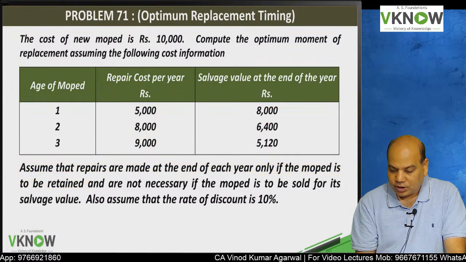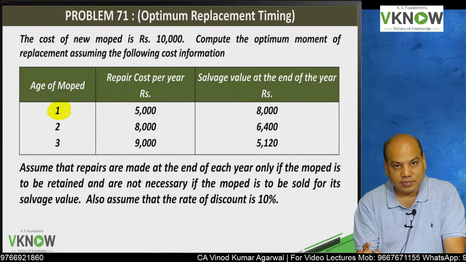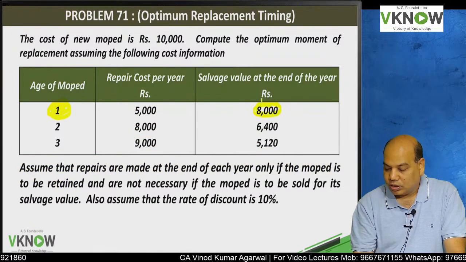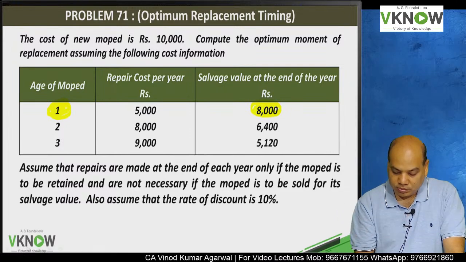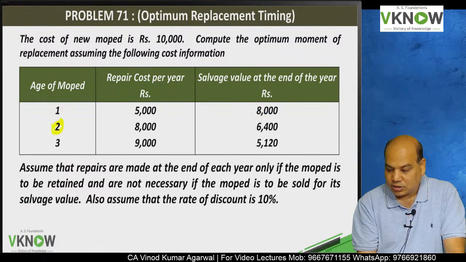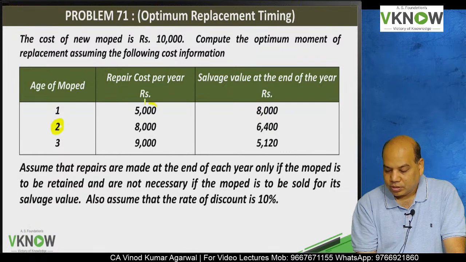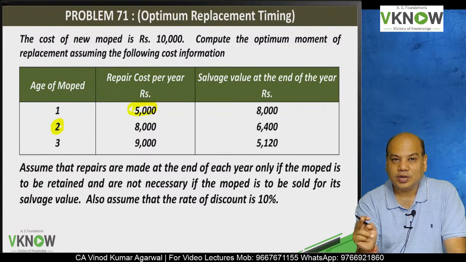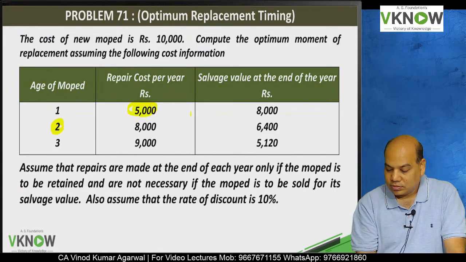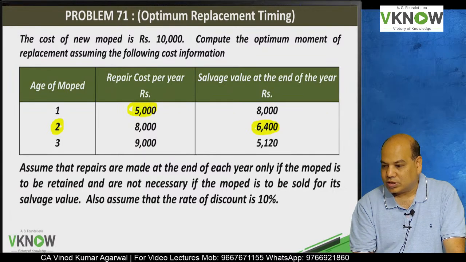So if you want to replace after year 1, for example, you will only receive salvage value, you will not incur repair cost. But suppose you want to replace after 2 years, means you want to use the asset for the second year, then incur the repair cost of the first year and get the salvage value of the second year.